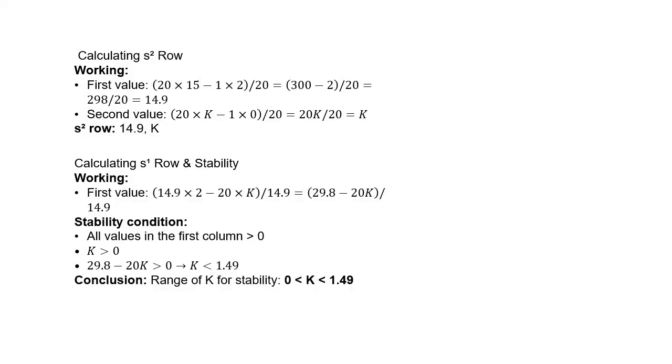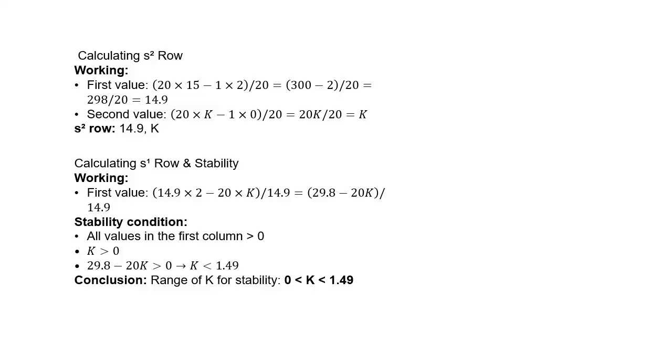So now we are going to determine when the system is stable. From the Routh table we constructed earlier, we use a very important condition for the system to be stable: all the elements in the first column must be positive, that is, greater than 0. So we look at the first column of our table.